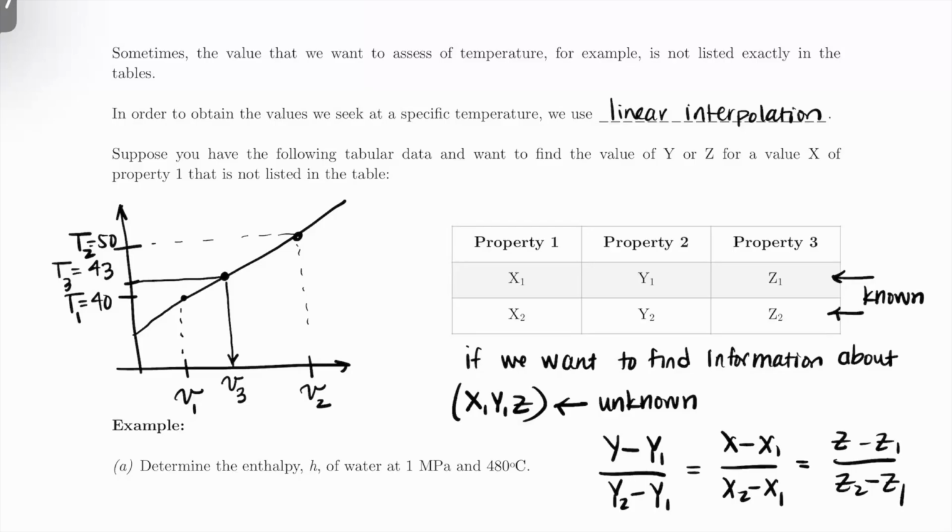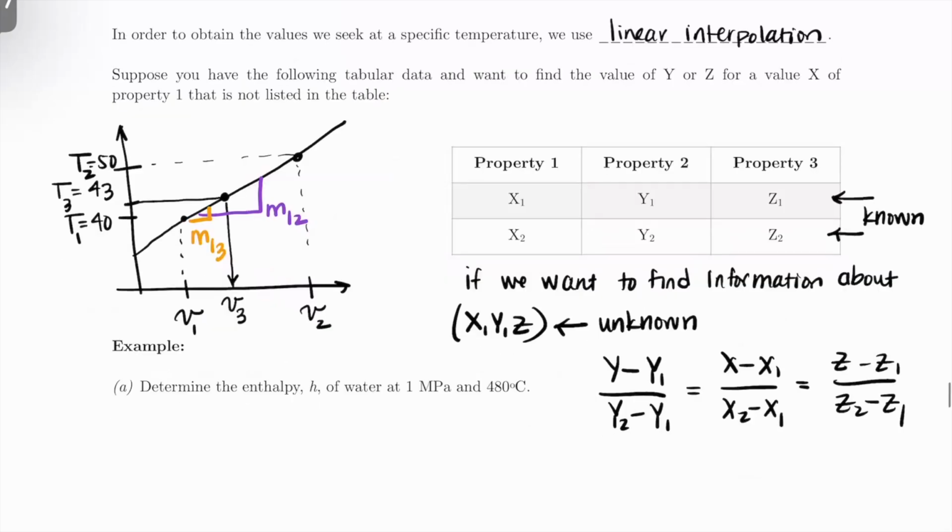Essentially we're just saying the slope has to be the same, right? What this equation says is that the slope M from 1 to 2 has to be identical to the slope from 1 to 3, if it's on a line.